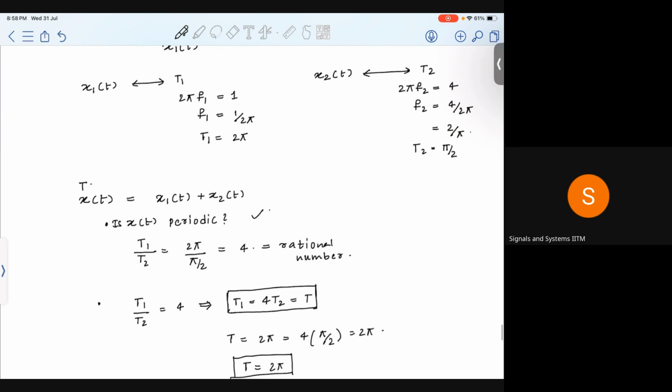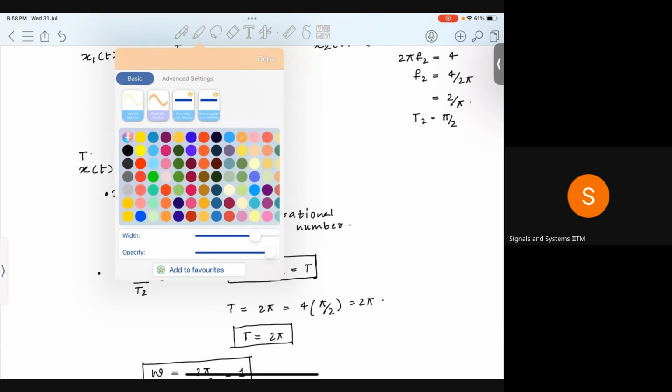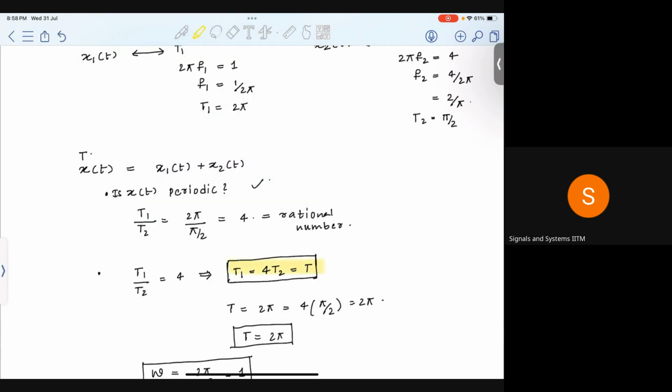If it is rational, then the original signal is periodic. Once you have that, the entire period is found by equating the time periods using this fraction, instead of being confused with LCMs and GCDs. This is a better way, at least for me. If you're happy to do GCDs, you can still do it. It's the GCD of T1 and T2.